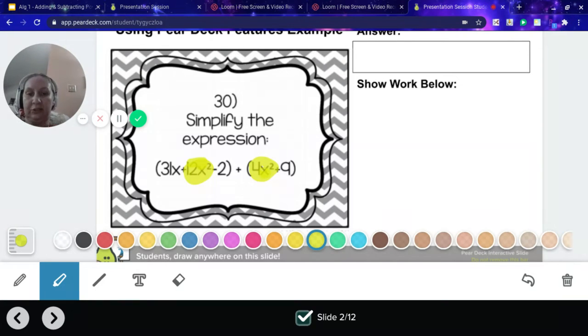I'm also going to pay attention to the fact that there is a plus sign here, which means I don't have to make any changes to what's behind it. So now I'm going to look for my x's, and I see just one there.